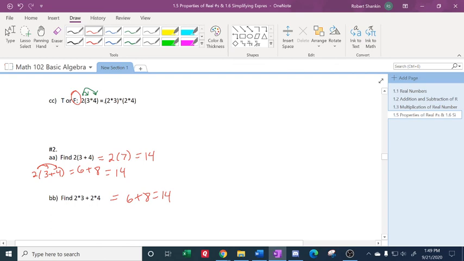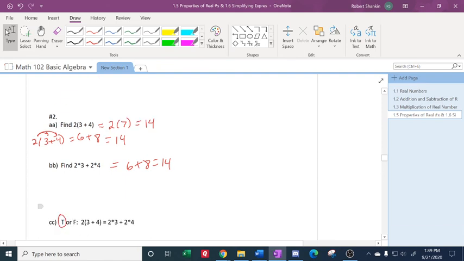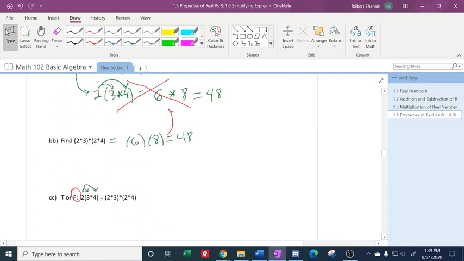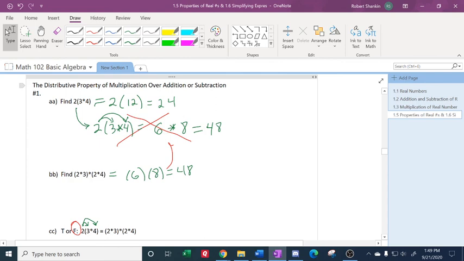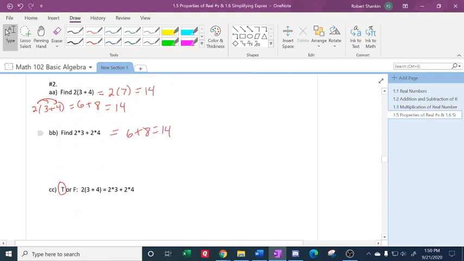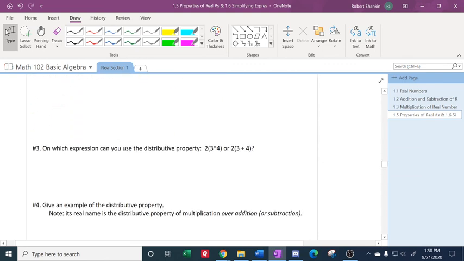That's why you get the same answer each way you do it here. And that's why this is true. This one, you didn't go over addition or subtraction. You went over a multiplication. There is no distributive property of multiplication over multiplication. It's just over an addition or subtraction. Okay.